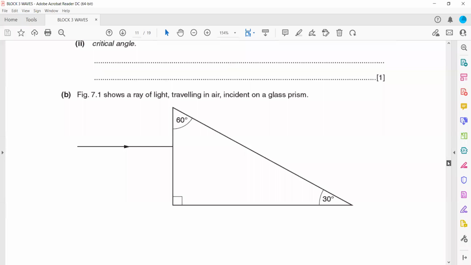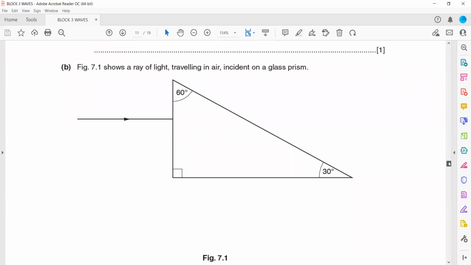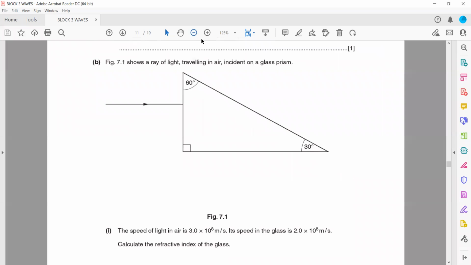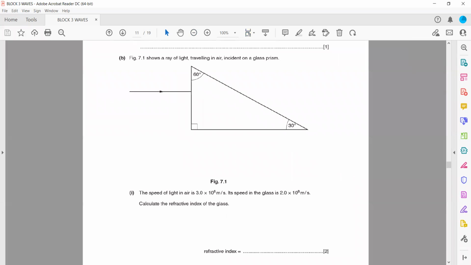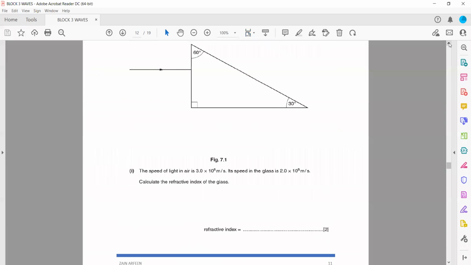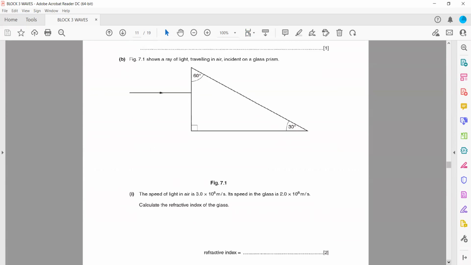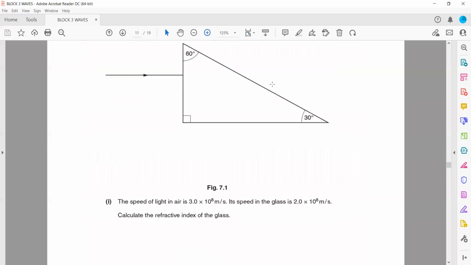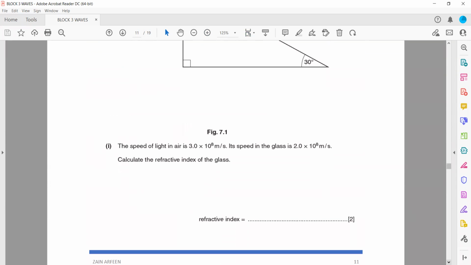Next part: Figure 7.1 shows a ray of light traveling in air, incident on a glass prism. We have to calculate the refractive index. What is the refractive index?